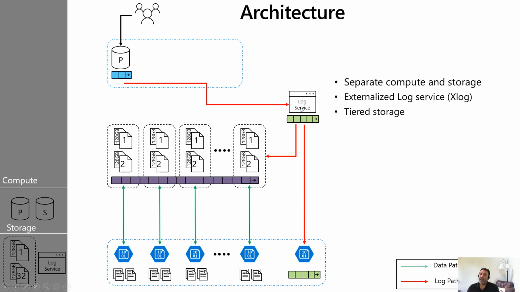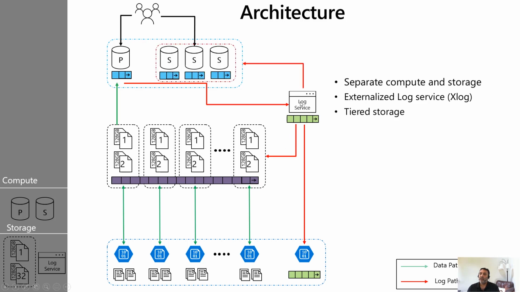The log service has a finite storage space here, if you will, and the longer term storage is on Azure Blob Storage. And last but not least, when a user actually reads a page, that's the data pathway. If the page does not exist in the compute's buffer pool, it reads from the page servers.